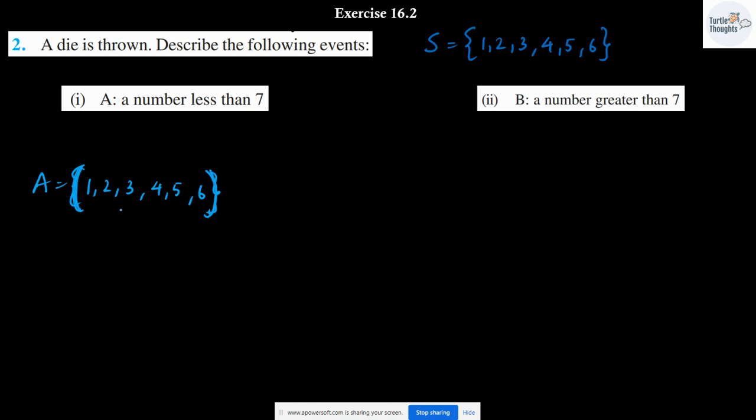Next, the second one, B. It is going to be a number greater than 7. Can you get a number which is greater than 7? No, right? So this can be an empty set, or you can write it this way.